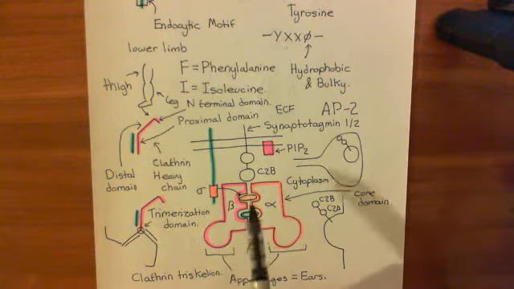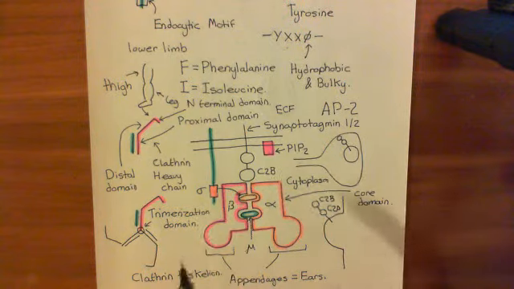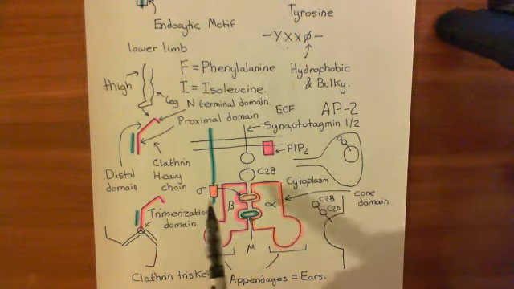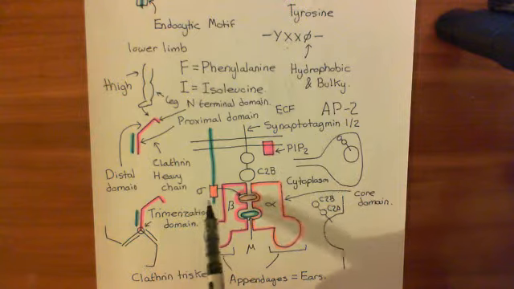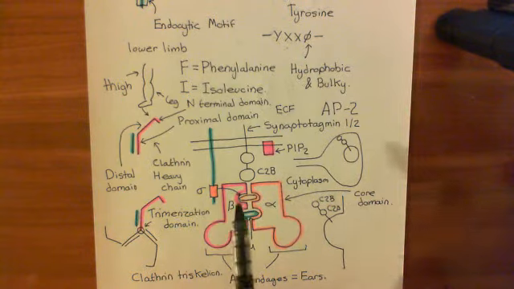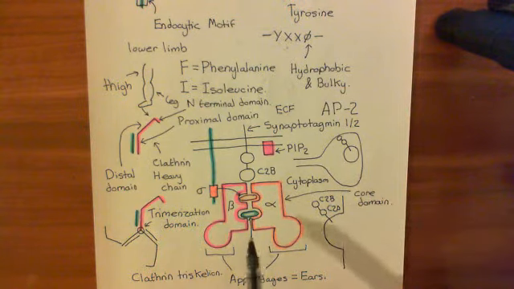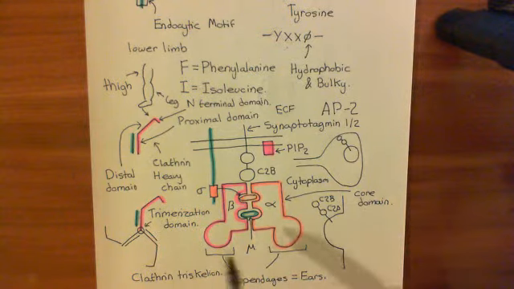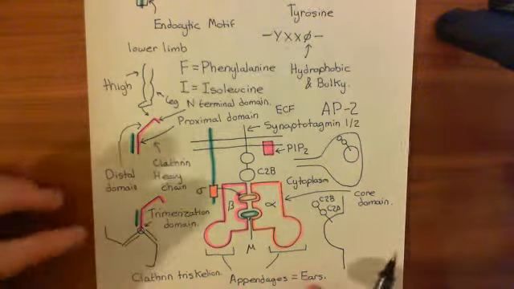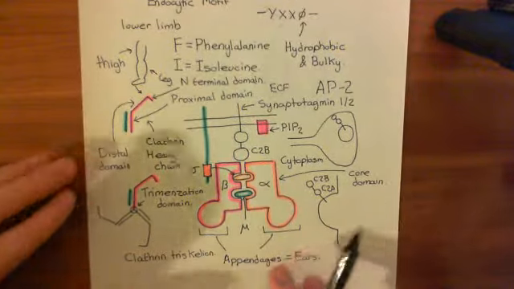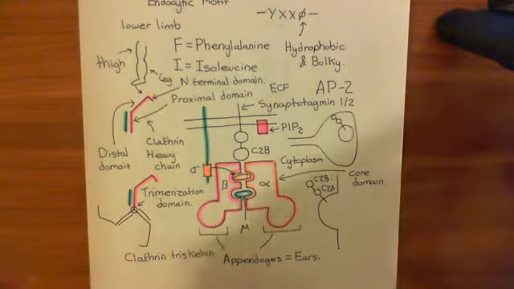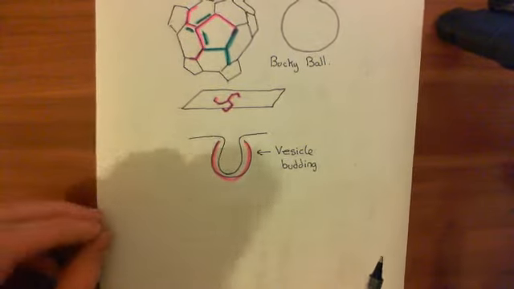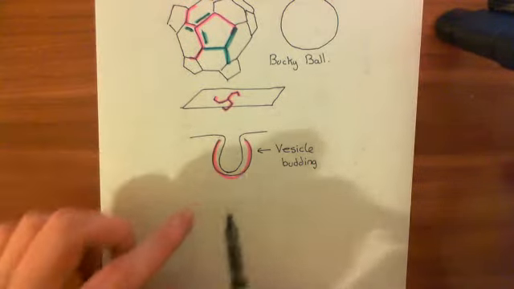Then, when the adapter protein complex 2 sees an endocytic motif, it binds to that motif, and now it's going to recruit a clathrin triskelion. And then the clathrin is going to polymerize, form one of these buckyball structures, and pull the plasma membrane in with it.